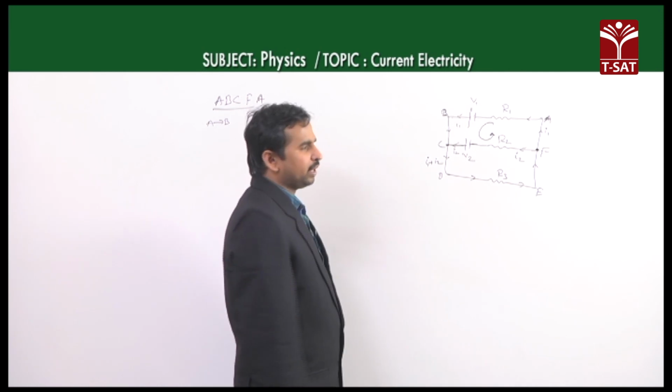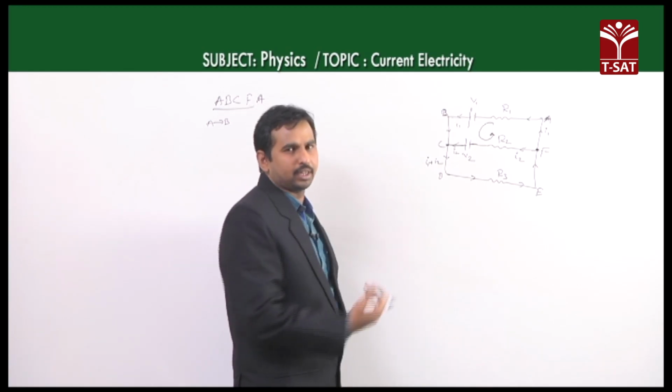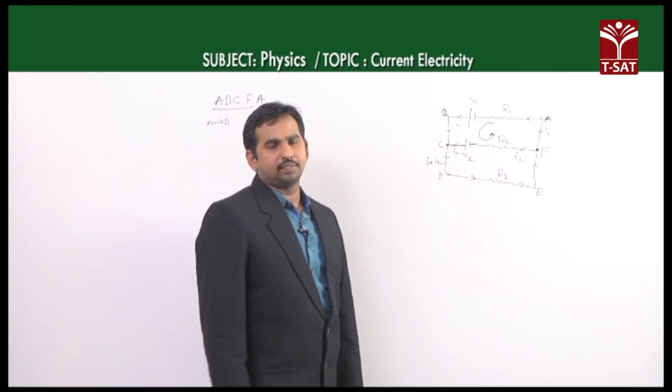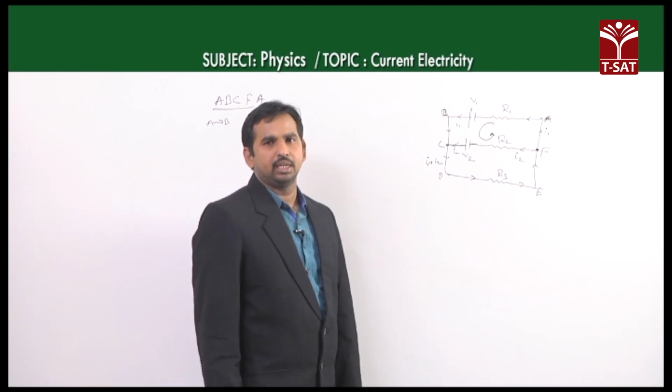While going from A to B, passing through the resistance, I am going in the direction of current. As you are going in the direction of current, according to the first sign convention, the resistance we have to take as negative.